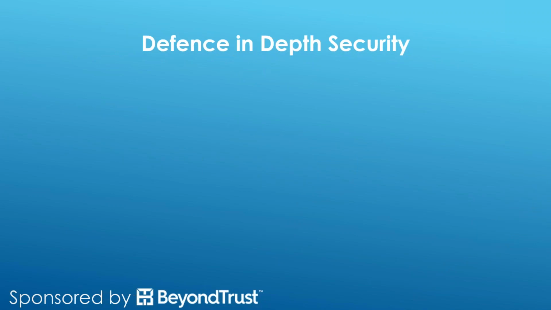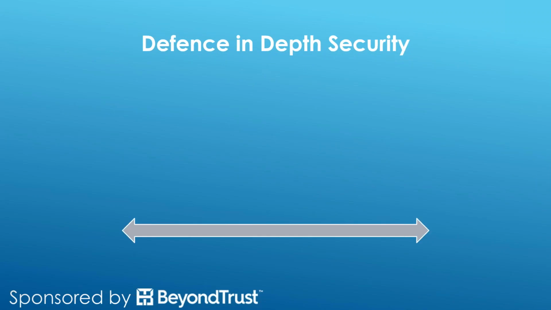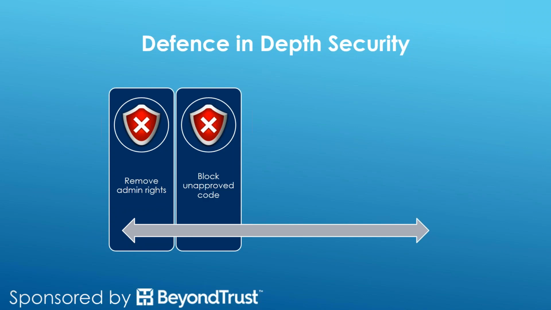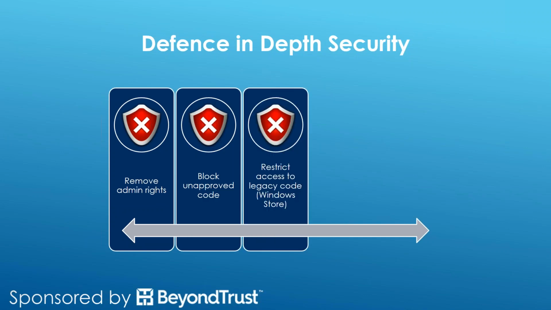Products like PowerBroker are all about, of course, removing administrative rights from end users. But that isn't enough to secure your system. You need to take a defense in-depth approach. There are several things you can do in addition to removing administrative rights. One of them is to block unapproved code.